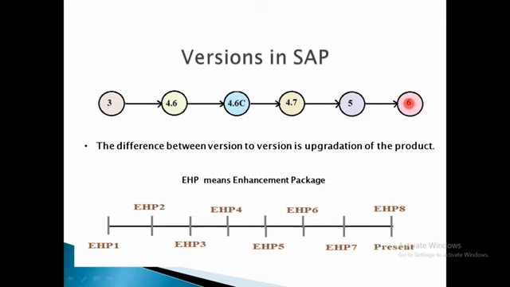So whenever the business requirement changes, SAP will release new versions. Whenever the business requirement changes, SAP will come out with new versions. So the difference between version to version is upgradation of the product. Make a note.